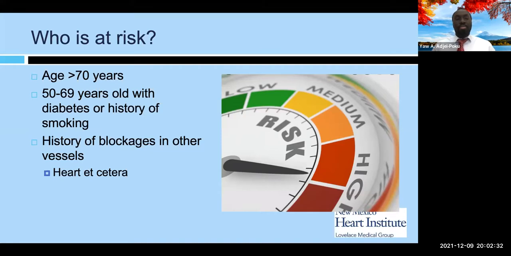Other patients that are between the ages of 50 and 69, if they have a history of diabetes or prior history of smoking, they are definitely at risk for developing blood blockages in blood vessels in your legs, because oftentimes it's the same sort of mechanism that if you have blockages in one area, such as your heart, you may have blockages in other areas, such as your legs.